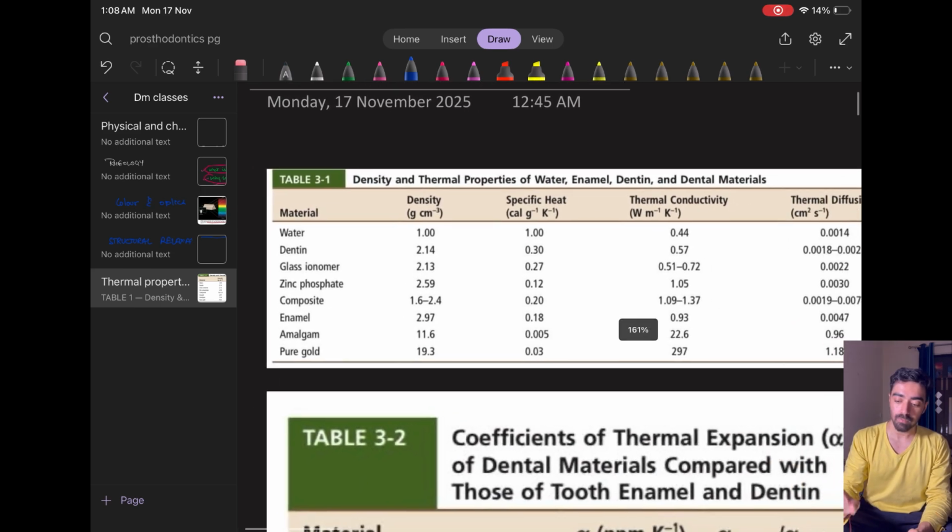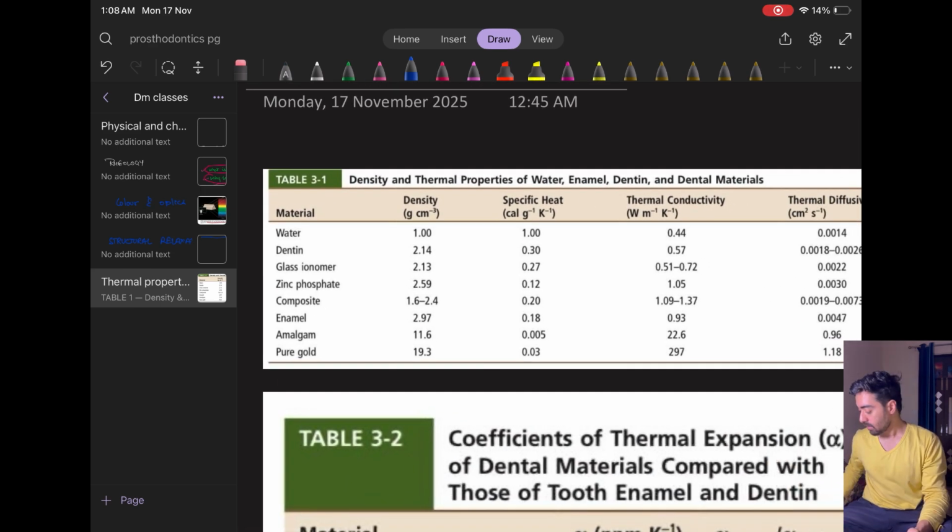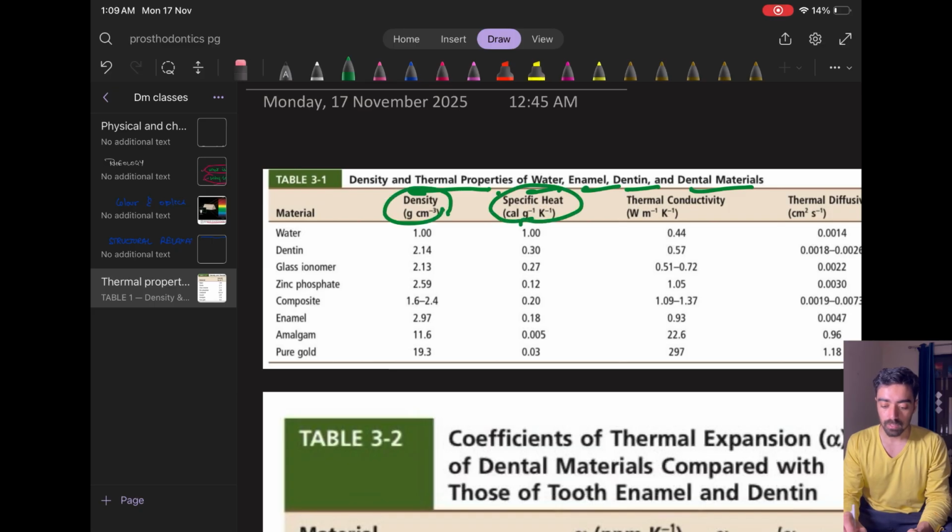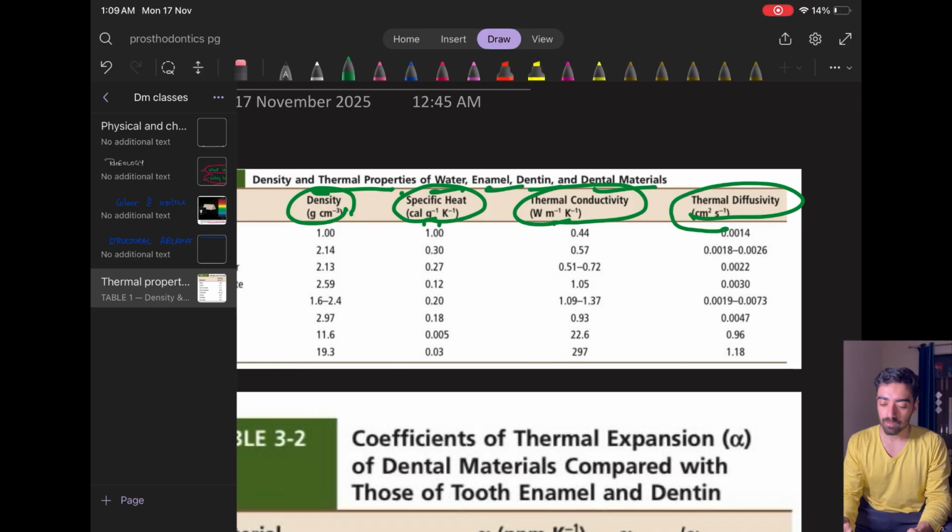The first table which I have here is the density and thermal properties of water, enamel, dentine and dental materials. Density, specific heat, thermal conductivity and thermal diffusivity. As I have already mentioned, thermal diffusivity is equal to thermal conductivity divided by the specific heat into density.